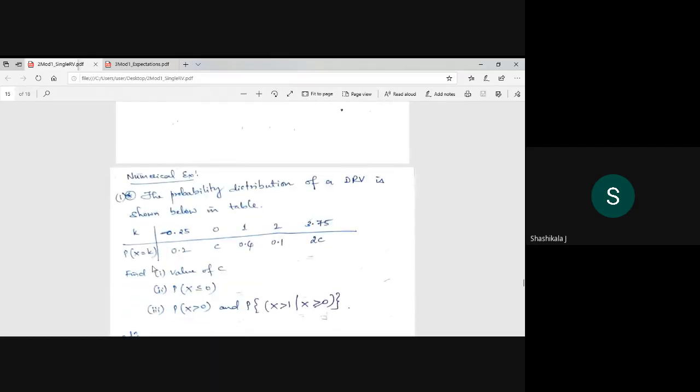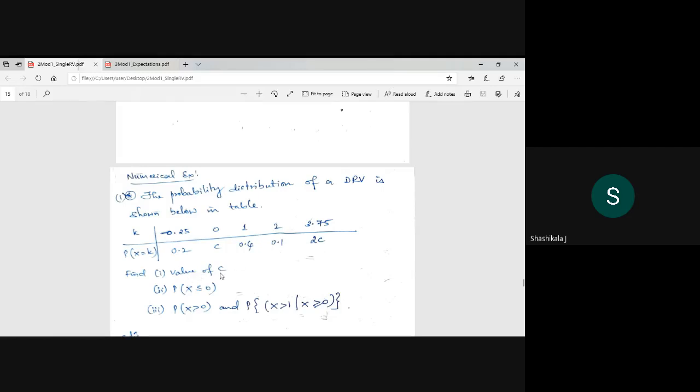Okay, next is the probability. Next problem: the probability distribution of a discrete random variable is shown below, with the k values given, and the probability of X equal to k given as 0.2, and one more variable they have added, c, 0.4, 0.1 and 2c.